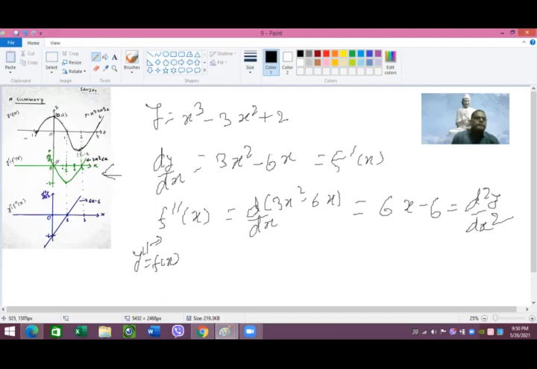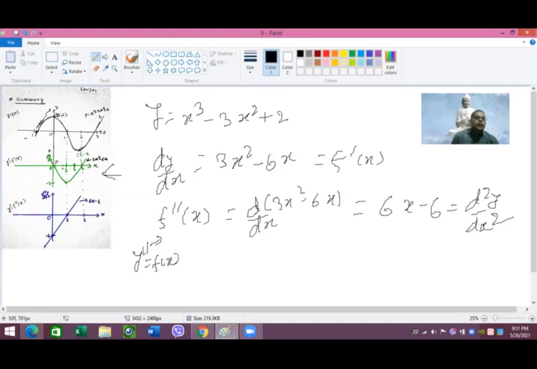In this case, you can see that at this point the gradient is positive. That means from 0 to below 0, the gradient is positive. Gradient means f dash x, that is dy by dx. You can see that this part of the curve is towards positive y when x is less than 0, so the gradient is positive here.